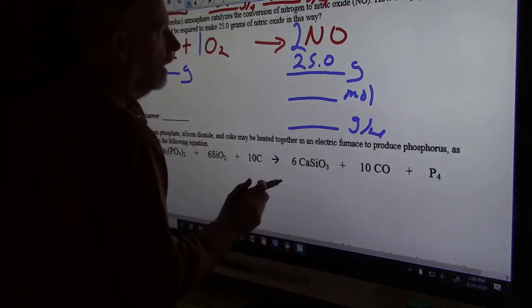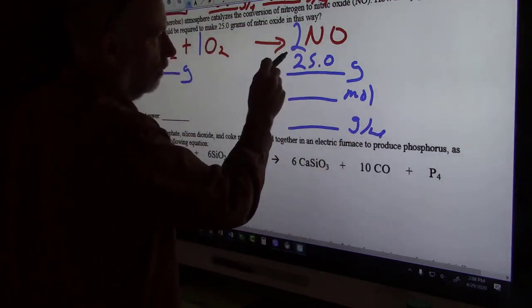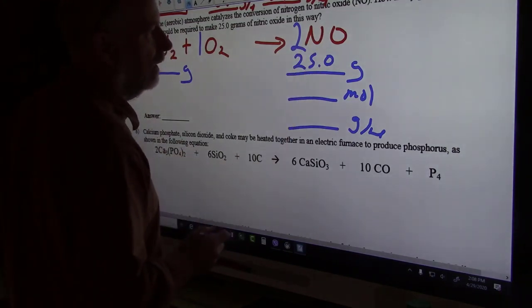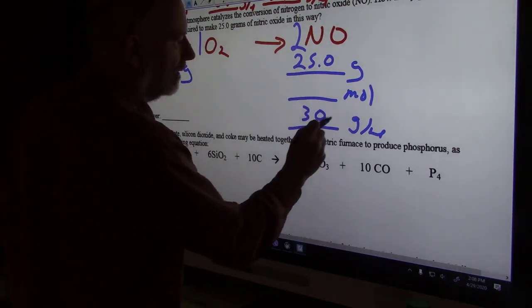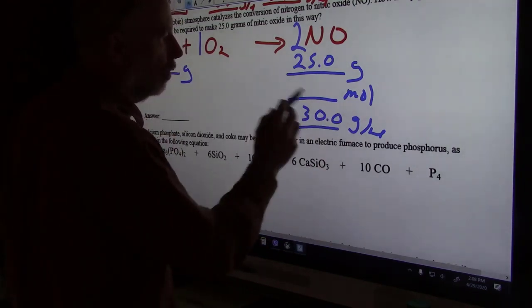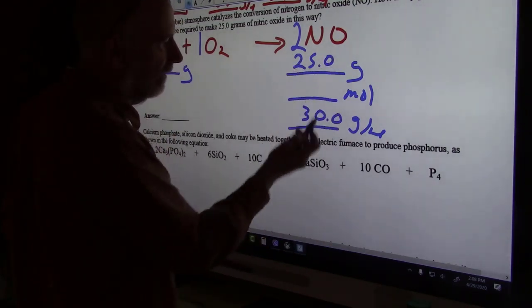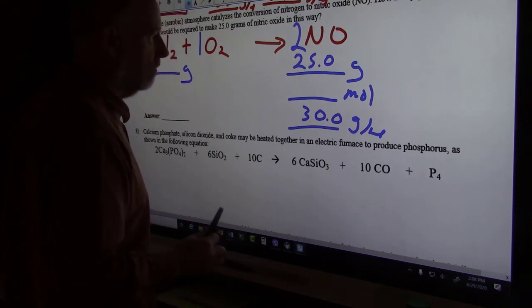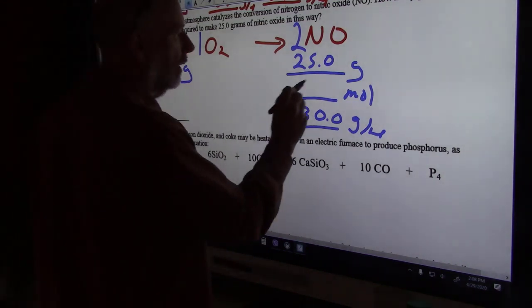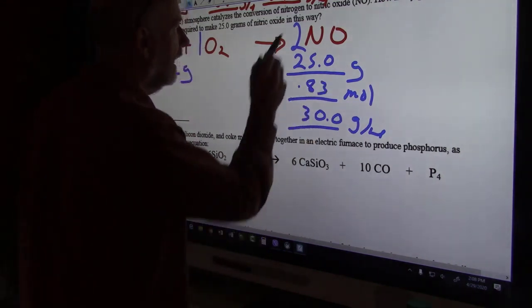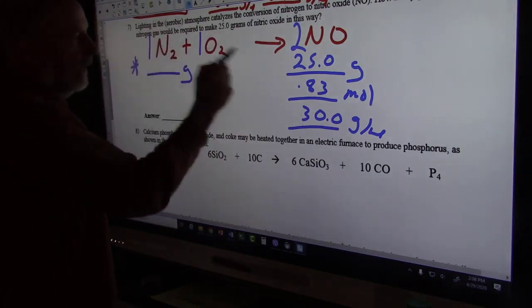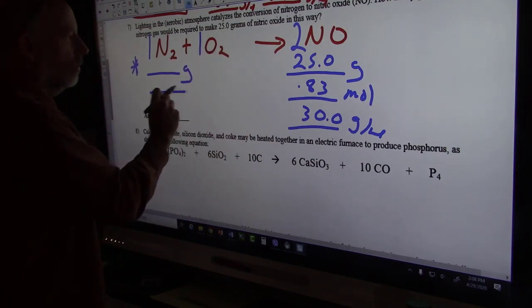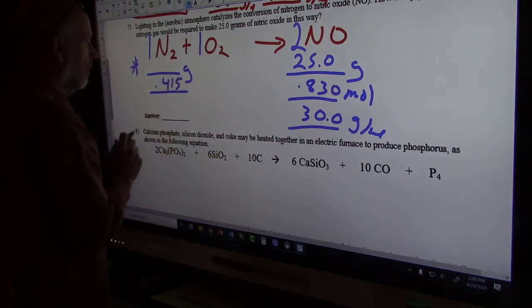All right, NO, don't use the 2. 14 plus 16 is 30. 30 grams per mole. I need 3 sig figs. Moles equals grams divided by molar mass. 25 divided by 30 is 0.83. 0.83 moles. It's a 2 to 1 mole to mole ratio. 2 is to 1, half as much as 0.83 is 1.415 moles.